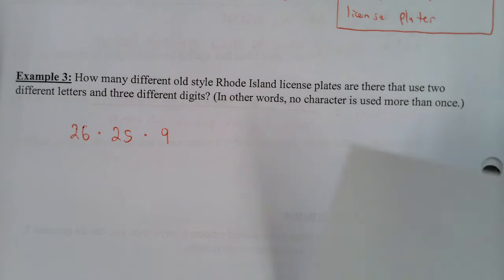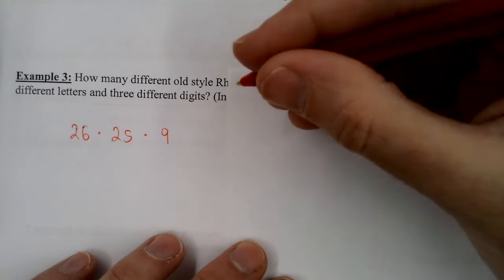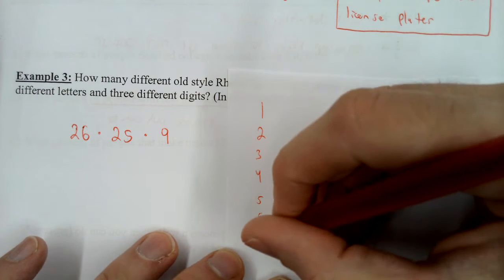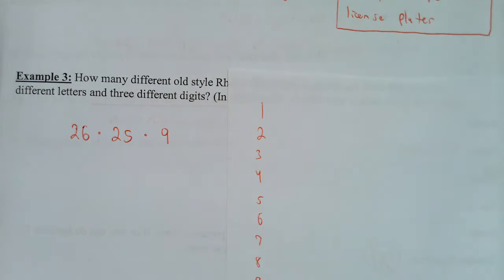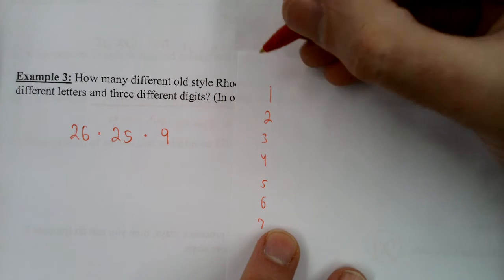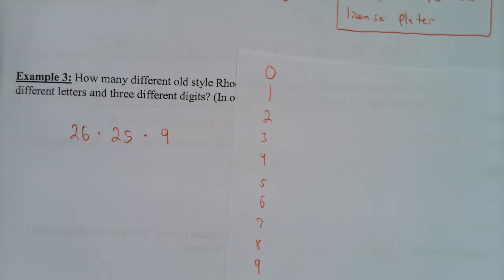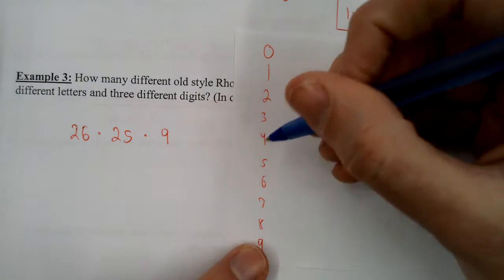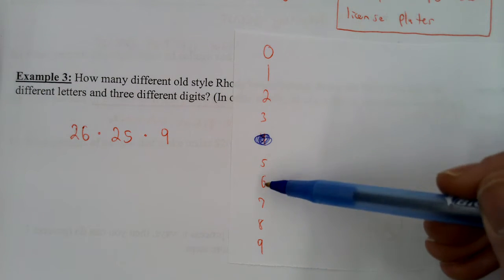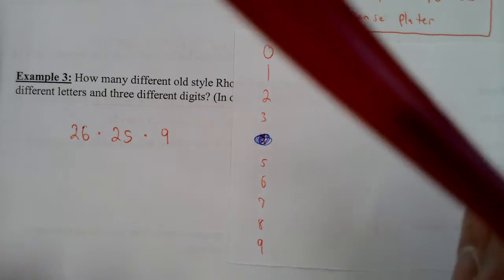Now if you think about it, the first digit cannot be 0. That's why there was 9 possibilities. Now the next digit can be 0, so we're going to add in a 0. But if we don't repeat any digits, then how many possibilities are there? Let's say the first digit was a 4. The 4 goes away, and now we have 9 choices still.